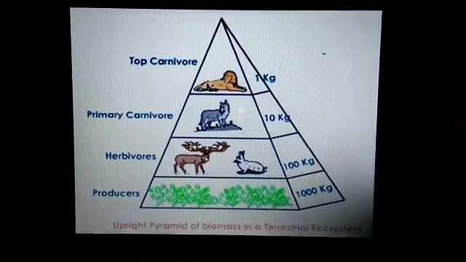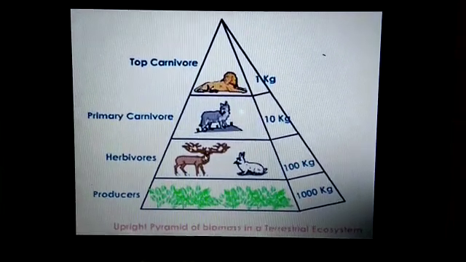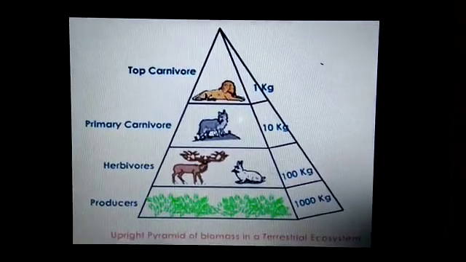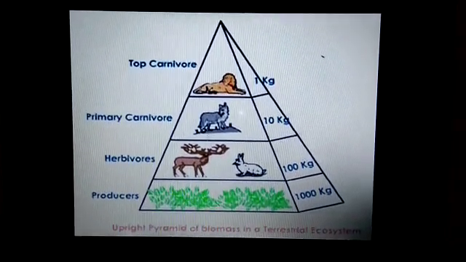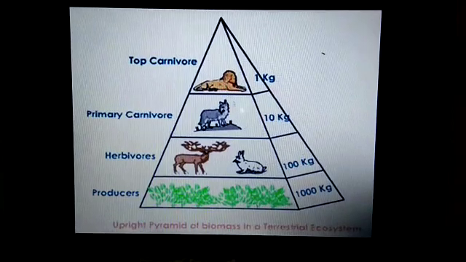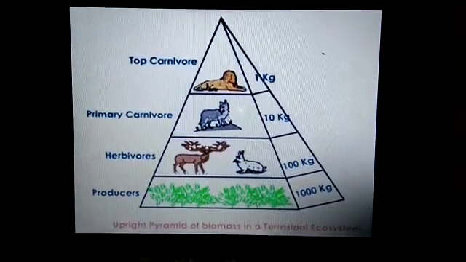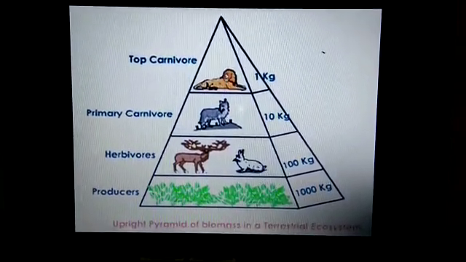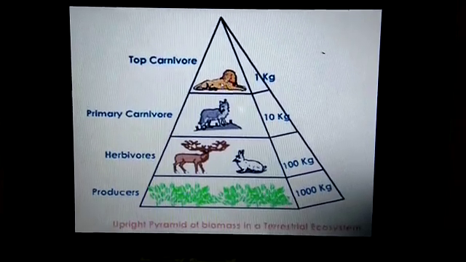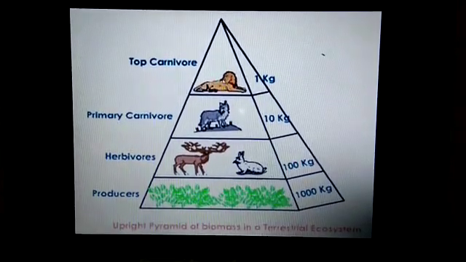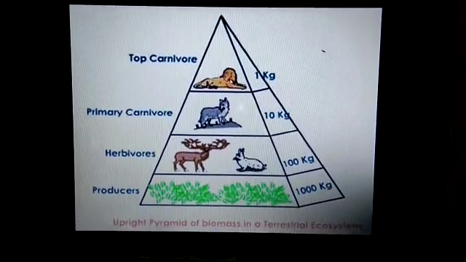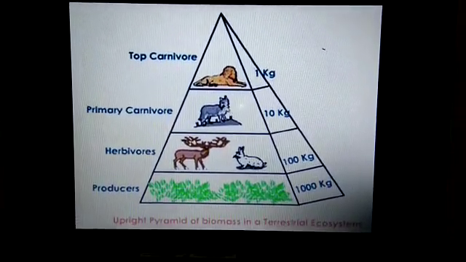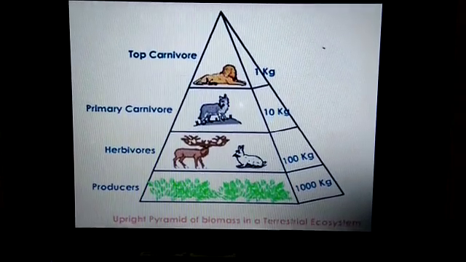When these herbivores are eaten by a carnivore, their number is less as compared to the herbivores, and similarly when this primary carnivore is eaten by a top carnivore, that is the lion, the number of top carnivores is lesser as compared to the primary carnivores.